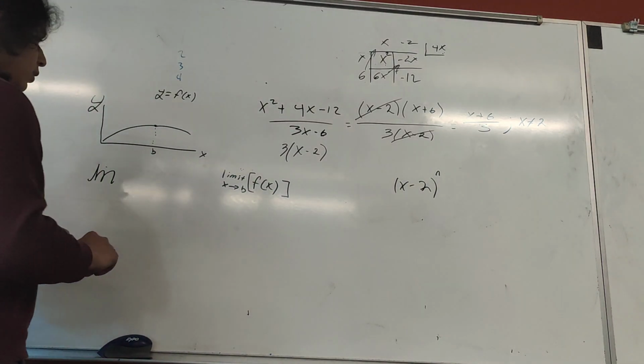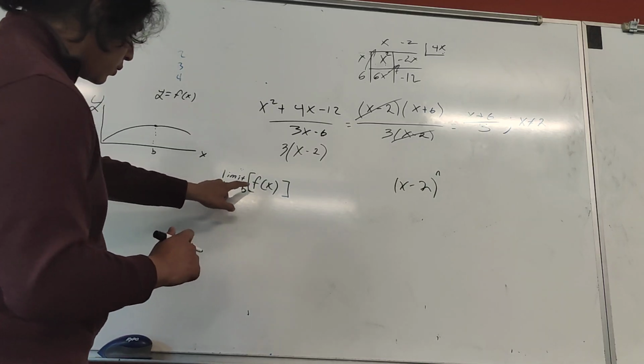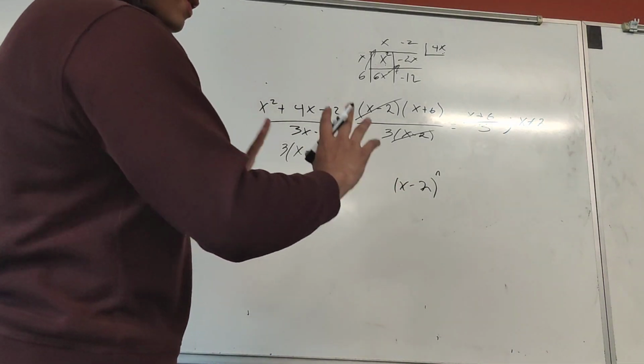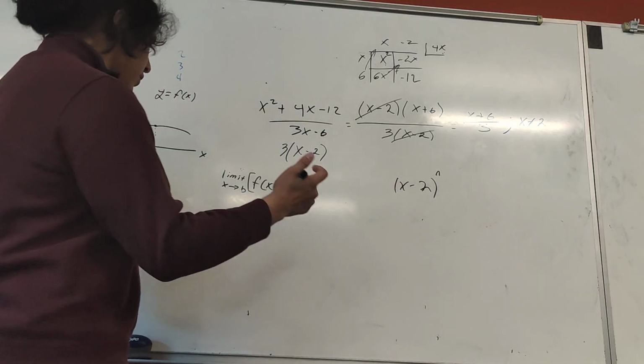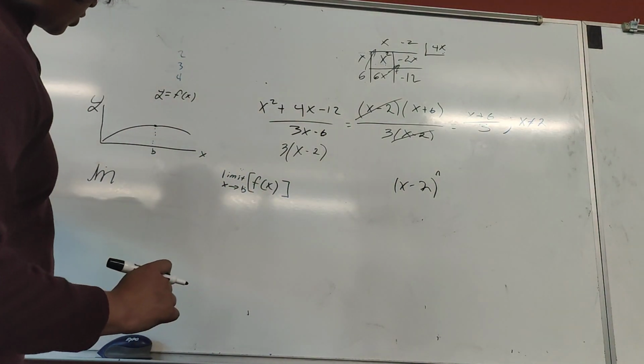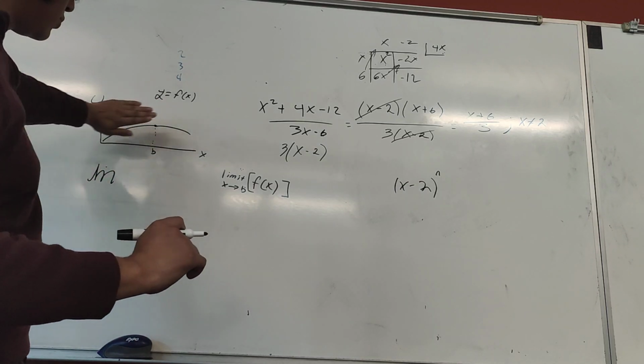You're going to learn this later on: you're going to have left-side and right-hand limits. The left side is when you have the negative, and you're going this way.